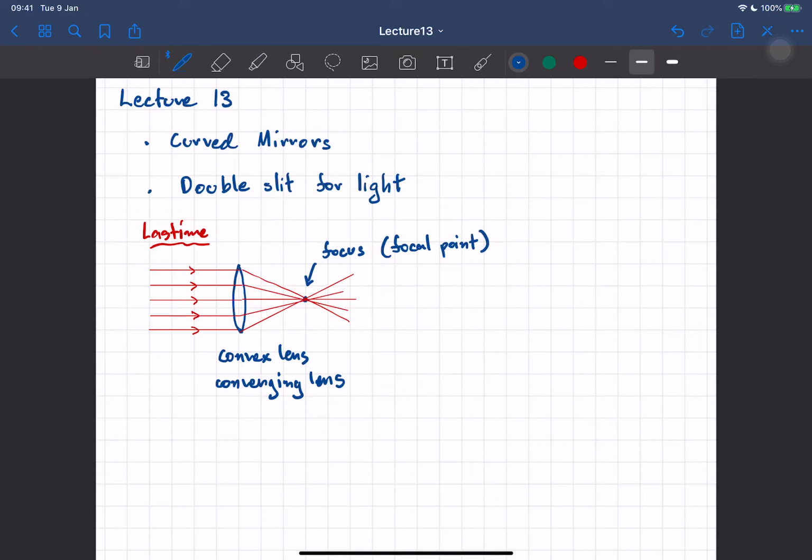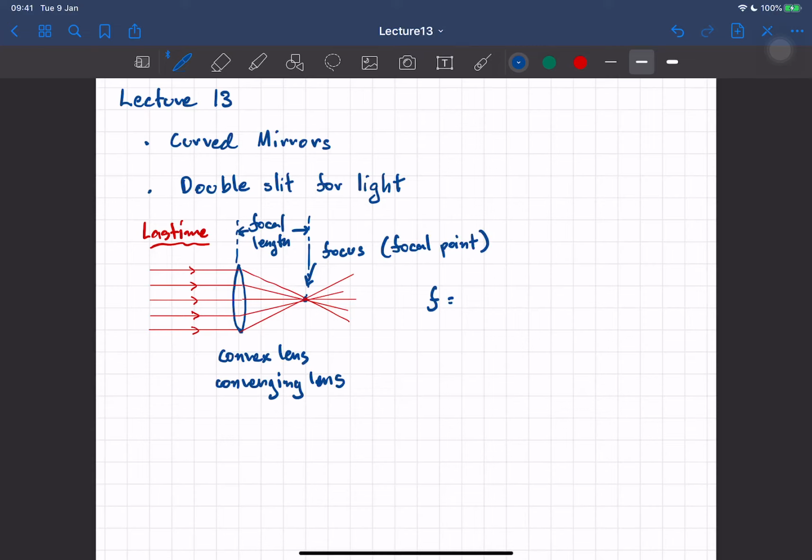And the distance from the focus of the lens to the lens is called the focal length. And that's the parameter that we use the letter F to stand for. Okay, so F equal to something.